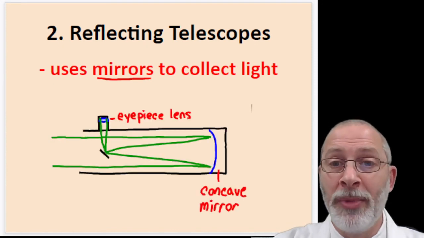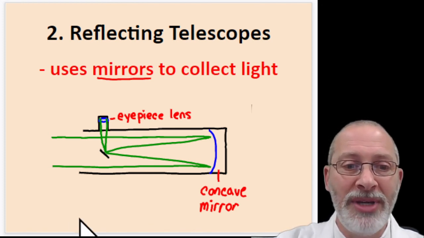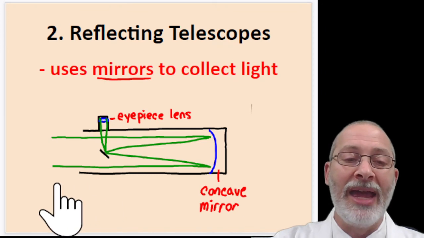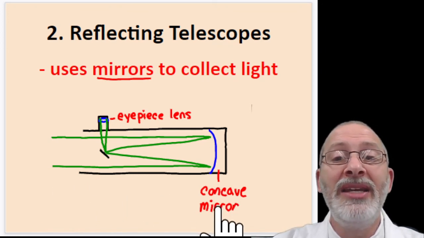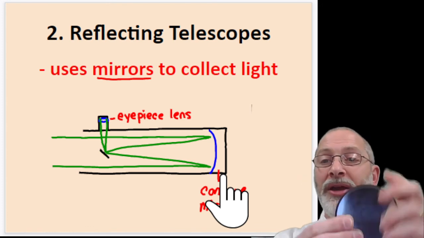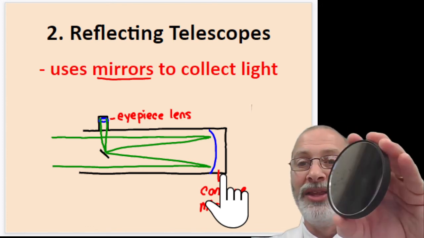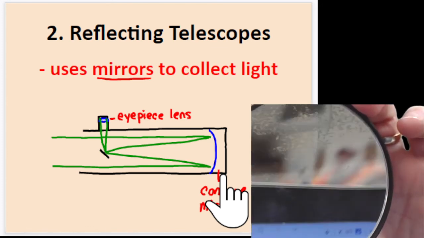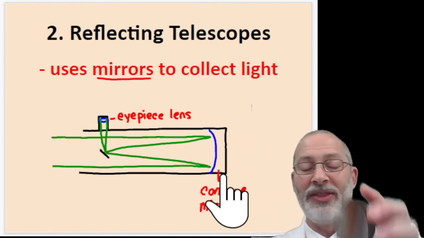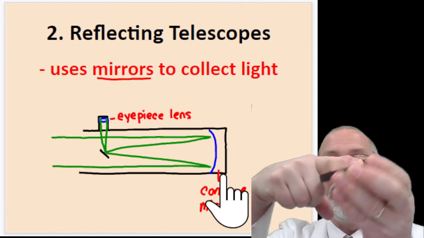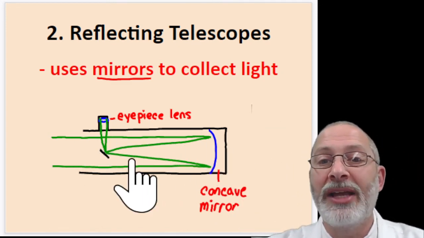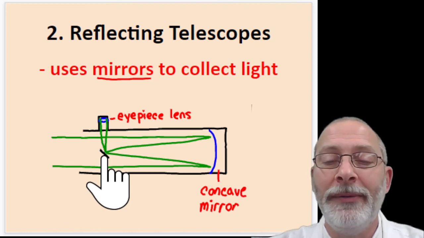So I'll give you a moment to copy this diagram down, but here we have a body tube and a concave mirror like the one we were playing around with yesterday. This concave mirror, which enables you to magnify things because it's curved inward, allows light to reflect to a focal point.